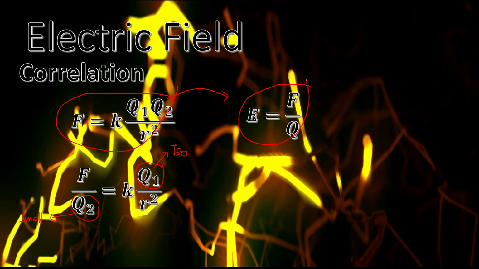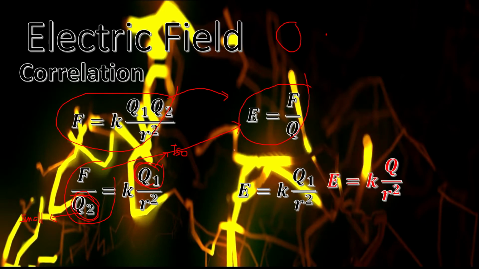Replacing this with this, we get E equals the Coulomb's constant times Q1 over the distance between the two charges squared. Again, this one is very small compared to this one. Let's say charge 1 is this big, and charge 2 is very small, something like this. Or we can rewrite this formula as this one without the number on it.